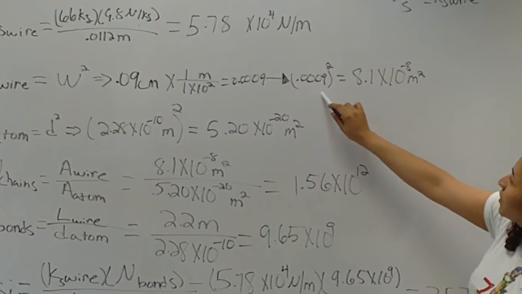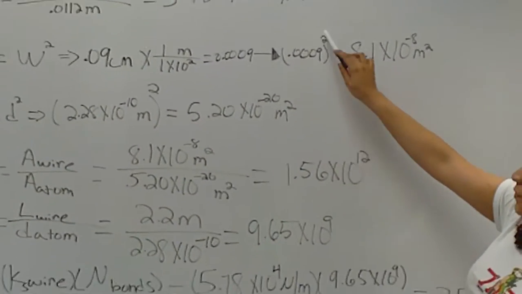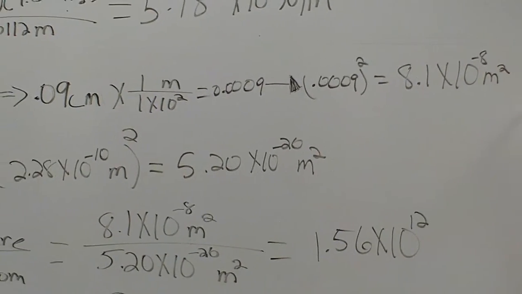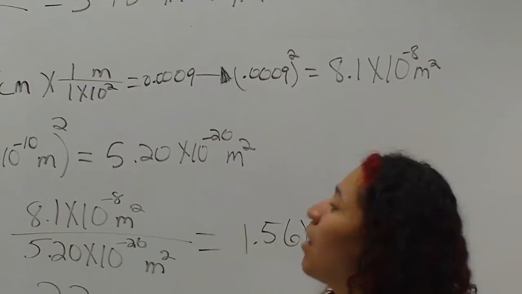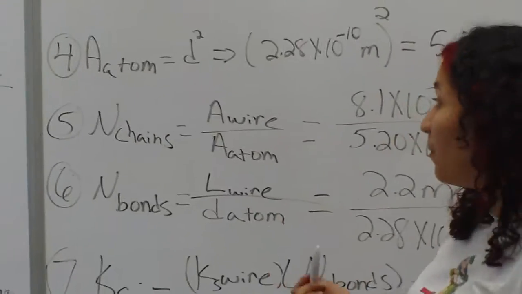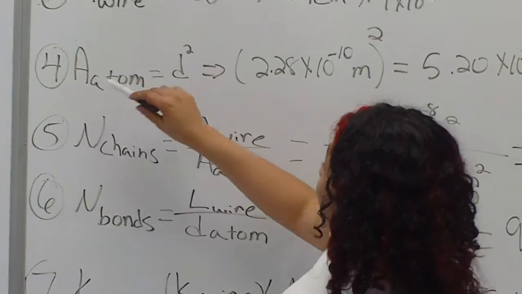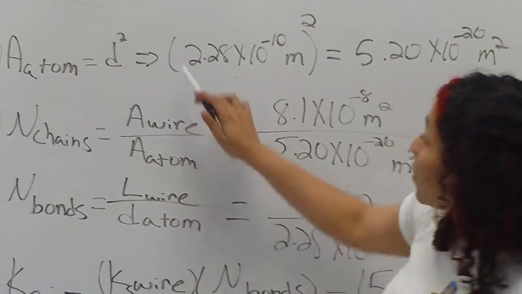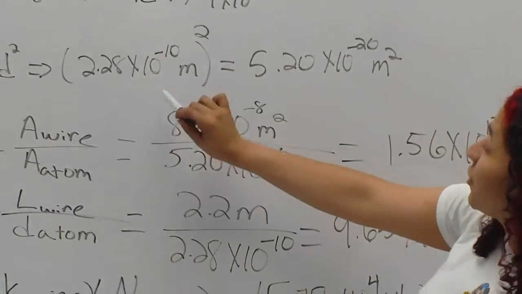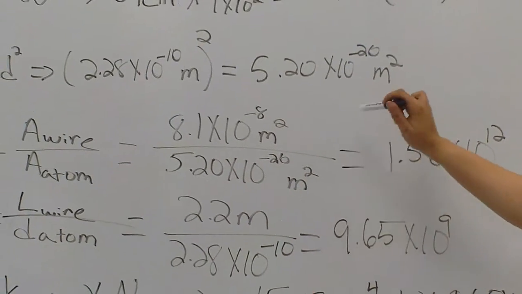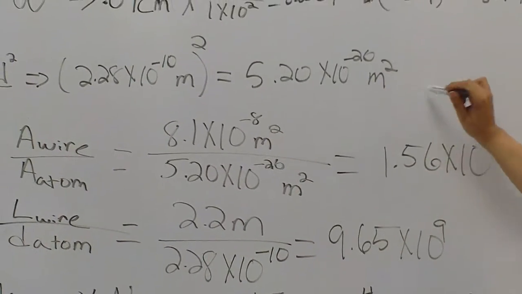Once we have it in meters, we square it, and we get 8.1 times 10 to the negative 8 meters squared. Now we're going to find the area of an atom. Like was previously said, the area of the atom equals the diameter squared. So we take the diameter, which was the first thing we found, and we get 5.20 times 10 to the negative 20 meters squared.